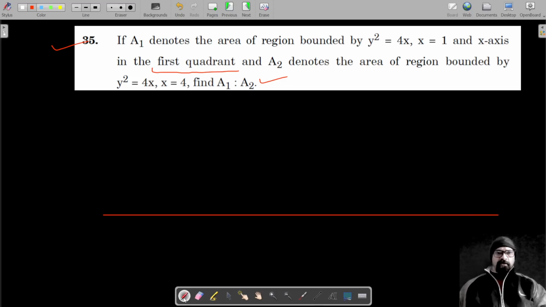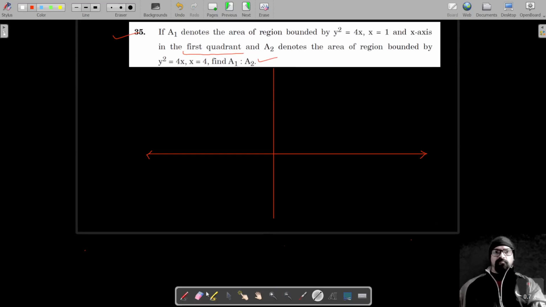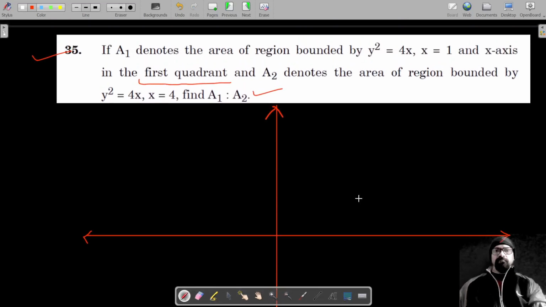And let this be our coordinate axis x, and this be y. Now y square is equal to 4x is the equation of the parabola with its axis as x-axis.